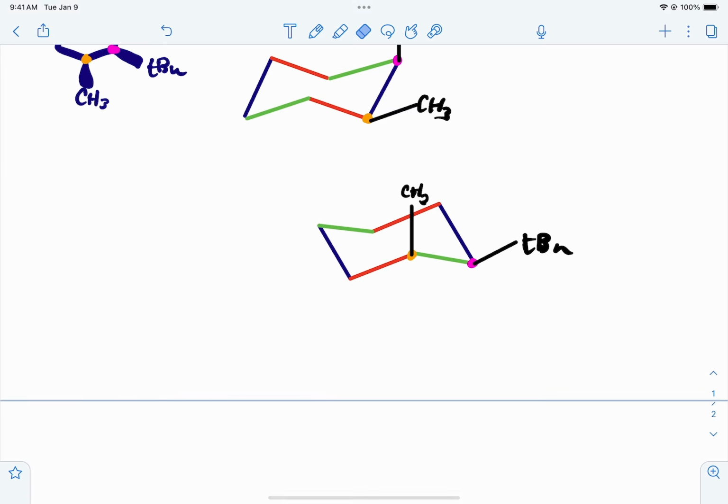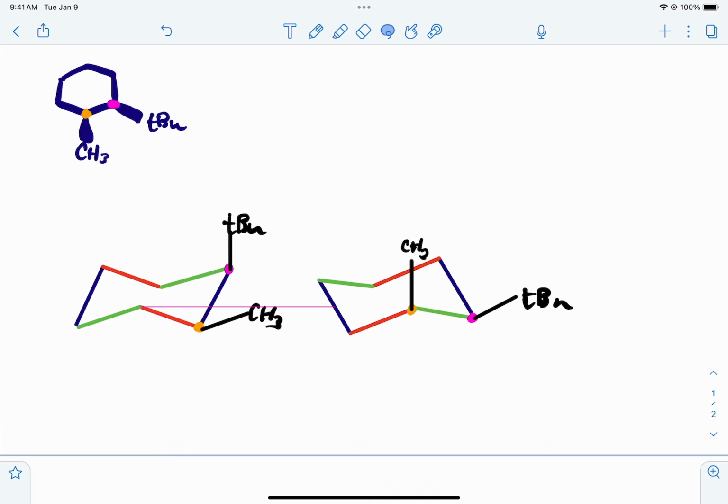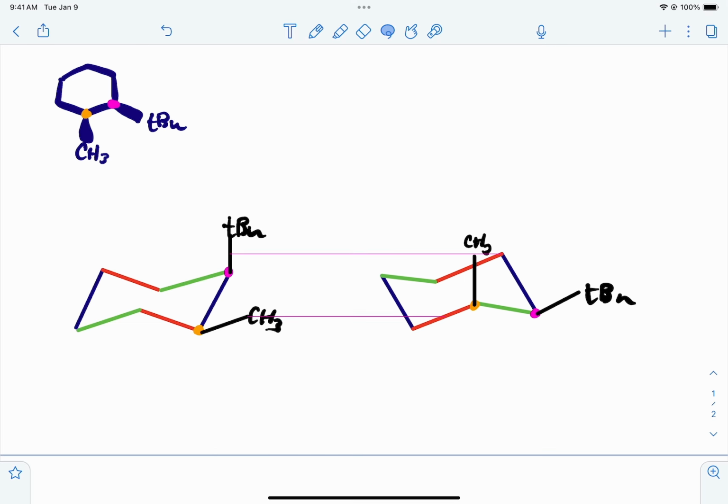And let's look at our two chairs next to each other. So now we've got a situation where each chair has one group axial and one group equatorial, but the groups are not equal in size.